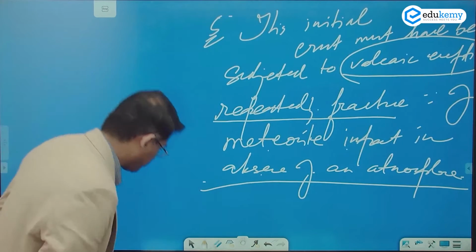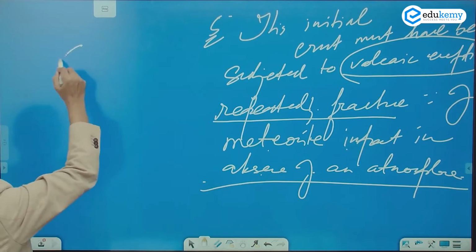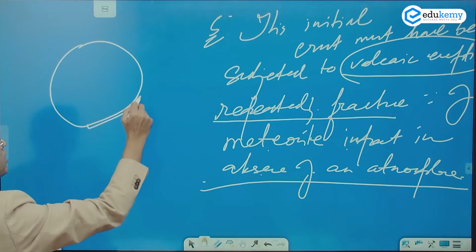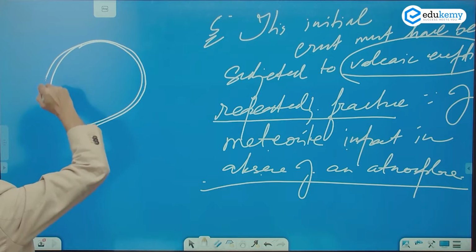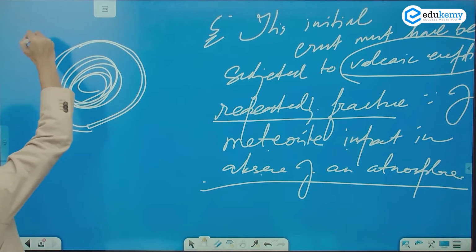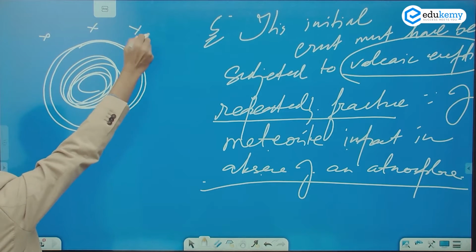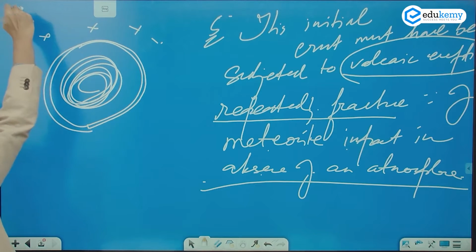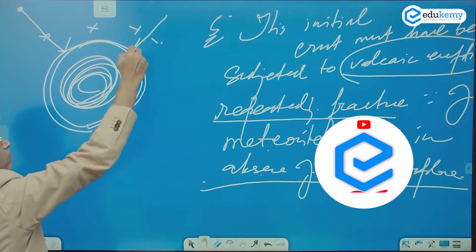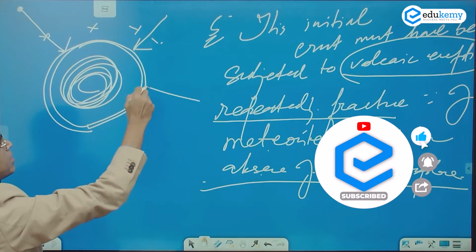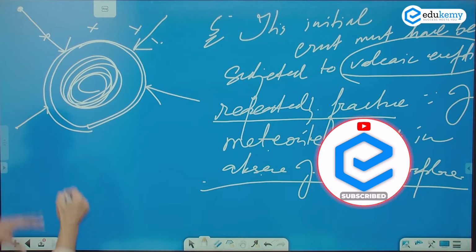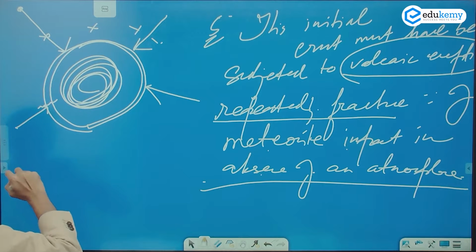So think of this. I have this initial crust, a very thin, brittle, unstable layer, and inside it is very hot, and Earth has no atmosphere. God knows how many millions of meteorites must have been striking, and because of the striking, this crust must have cracked.